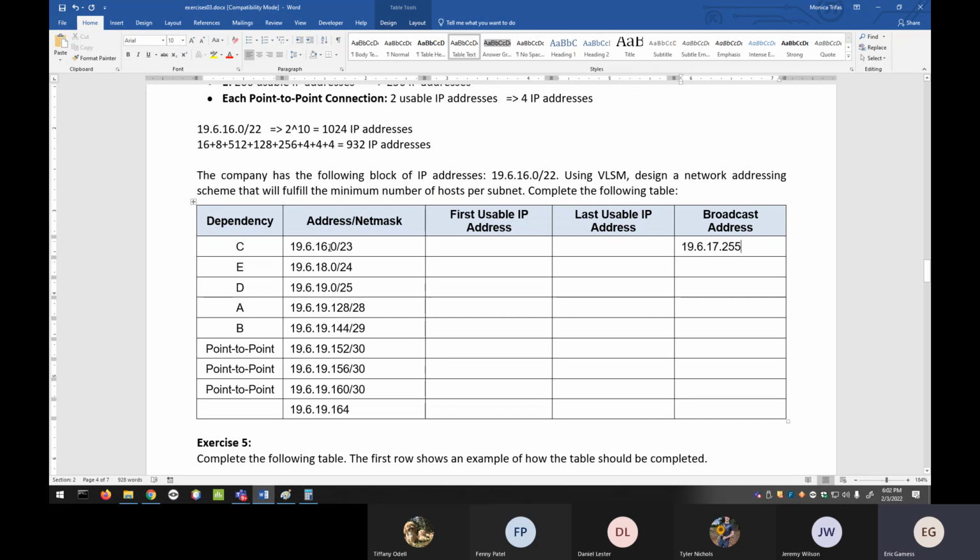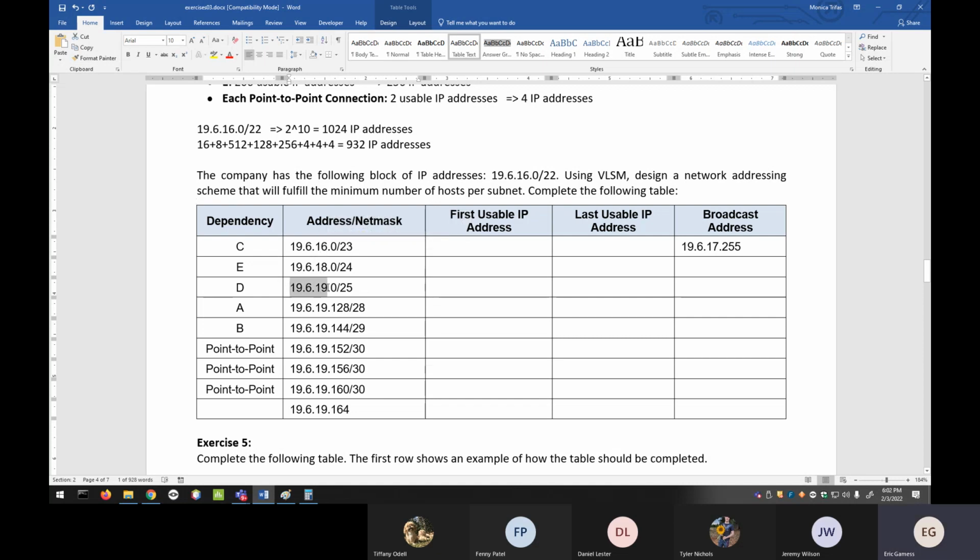By having all the 16, we have 256 IP addresses, and by having all the 17s, we have another 256. So 256 plus 256, in total we have 512, which is what we need for C. That's why it covers the 16 and the 17.